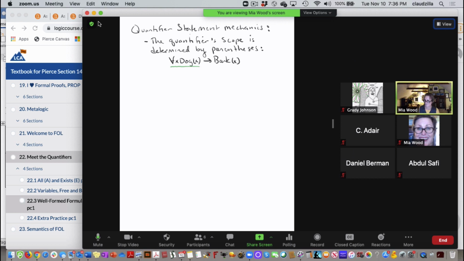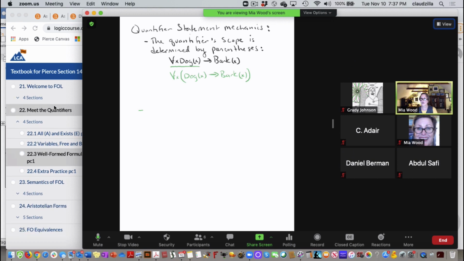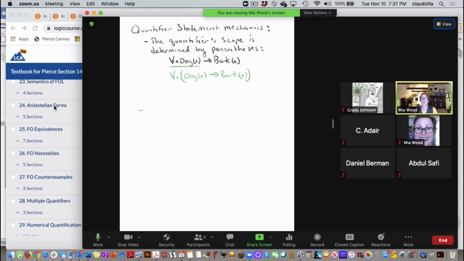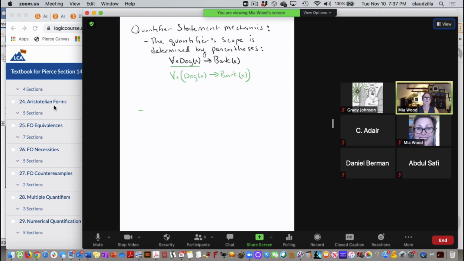So we need parentheses to tell us the scope of the quantifier, right? We need our domain in part carved out by the parentheses.